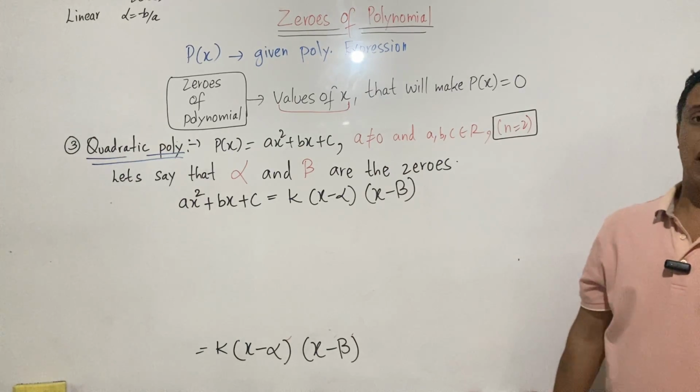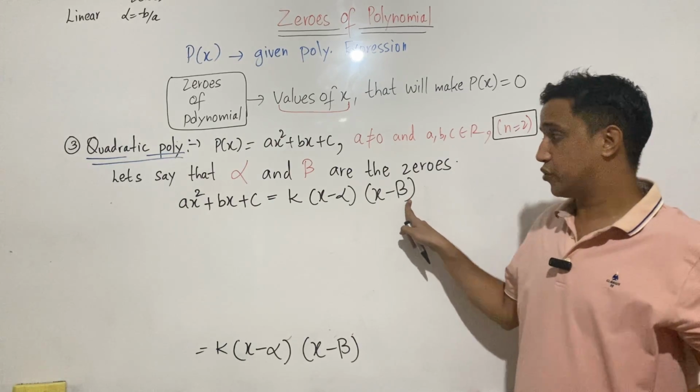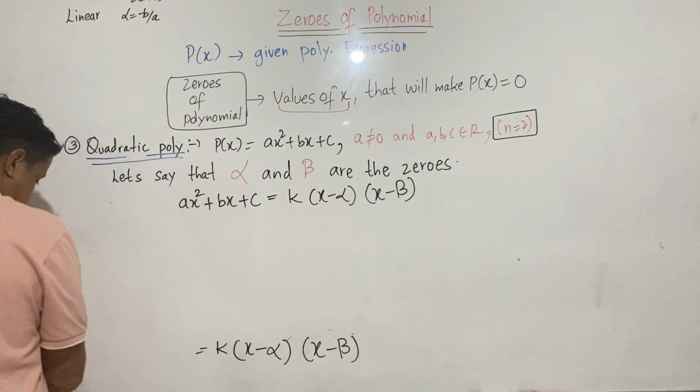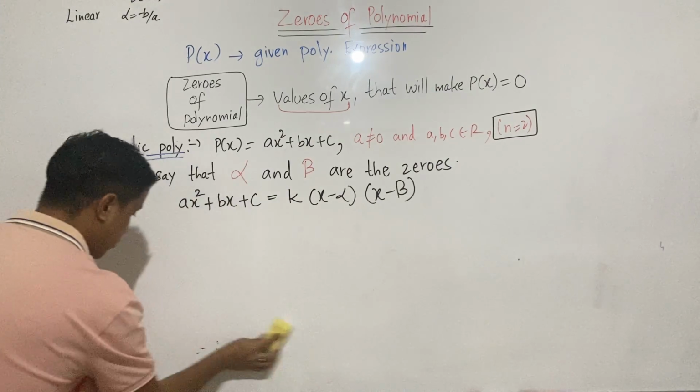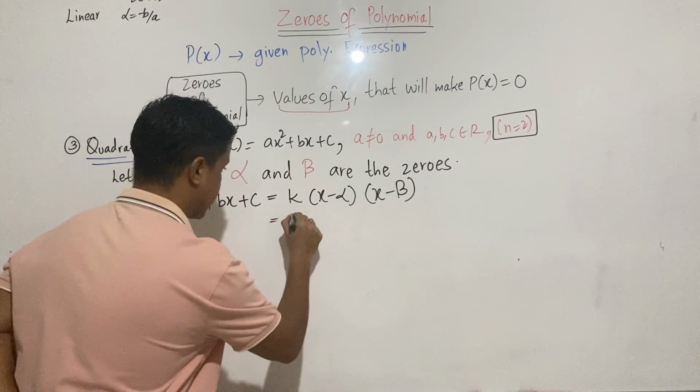Understand? So alpha and beta, they are zeros. Okay, now if we solve it further, what would happen?